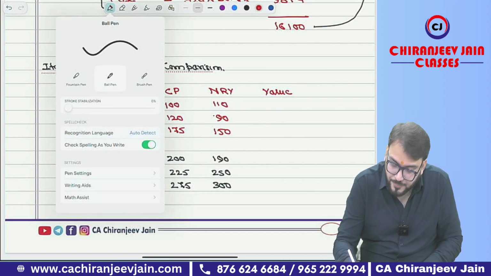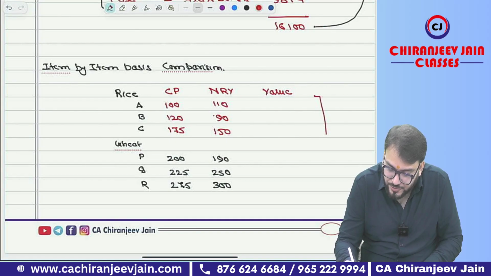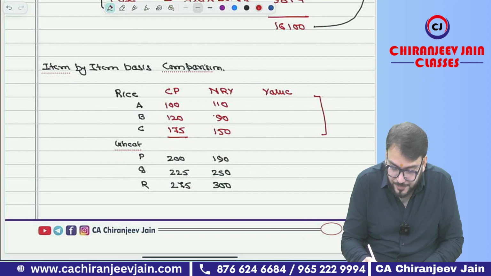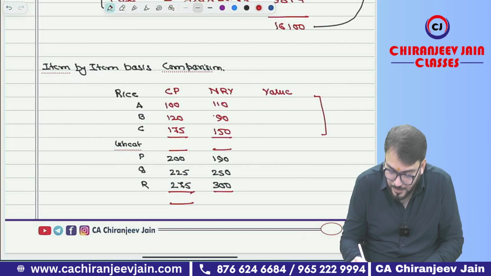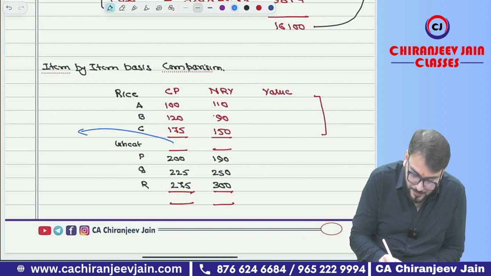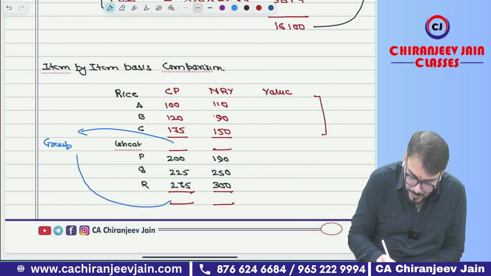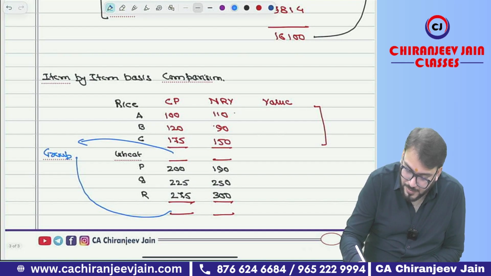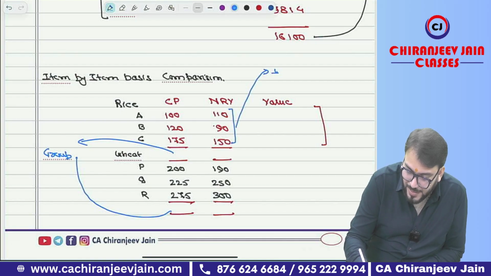Either we can compare on an item by item basis, or we can also compare on a group basis. This is the group, correct? So when I say this, it is known as group basis, correct? And when we compare this, it is known as item by item basis. Are you getting?